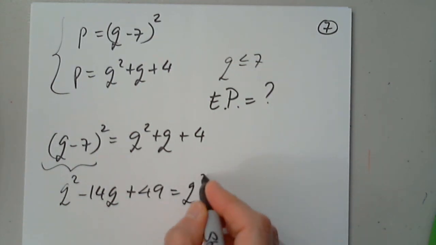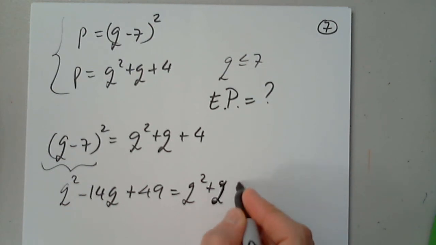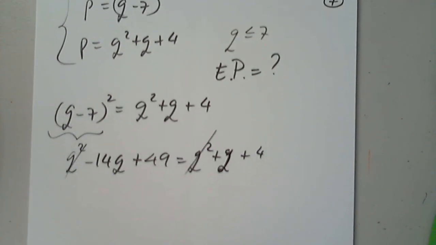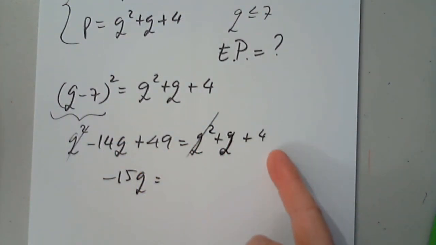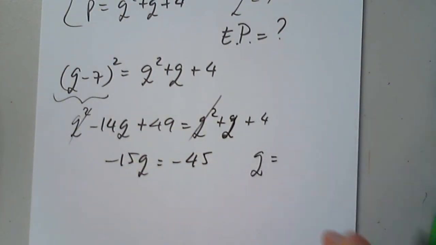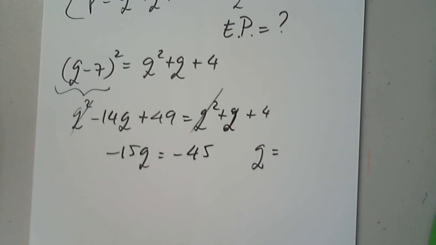Awesome. Equals Q squared plus Q plus 4. These two go away. I move Q to this side, and I move 49 to this side. So how much is Q?